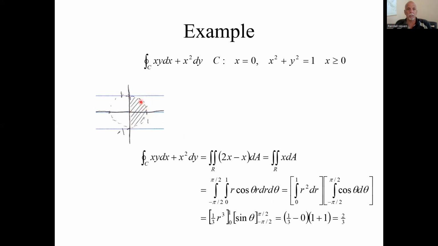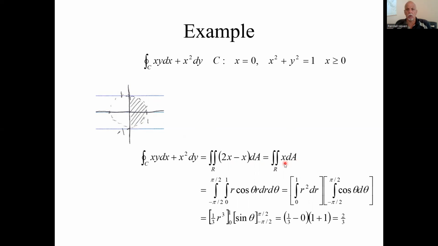So the region of integration is this semicircle. Here's Q. With respect to x, it's going to be 2x. Here's P. With respect to y is x. So 2x minus x is just x. There it is. And dA, but you want to do it in polar coordinates.